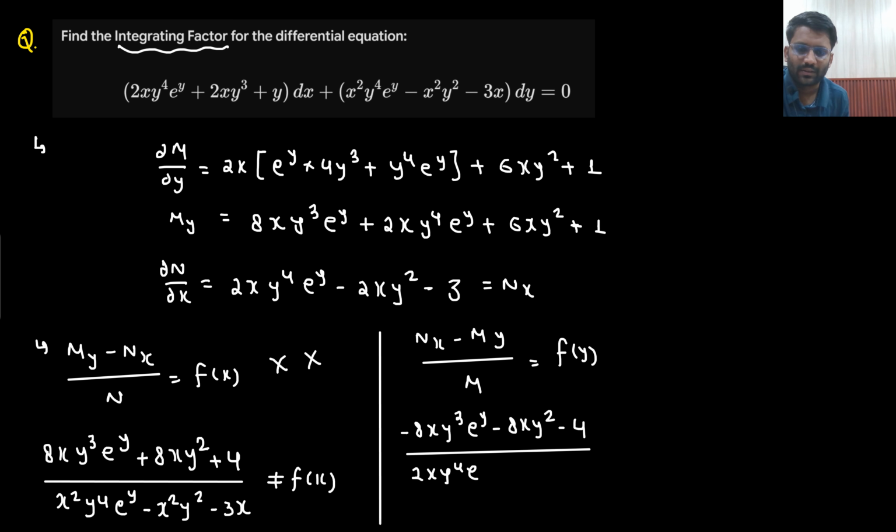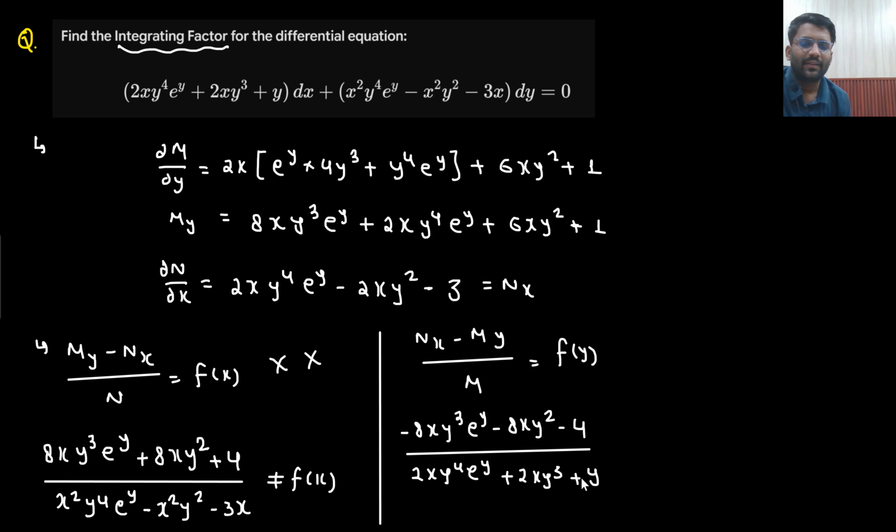So 2xy to the power 4 e to the power y plus 2xy cube plus y, right? So now let's do one thing.